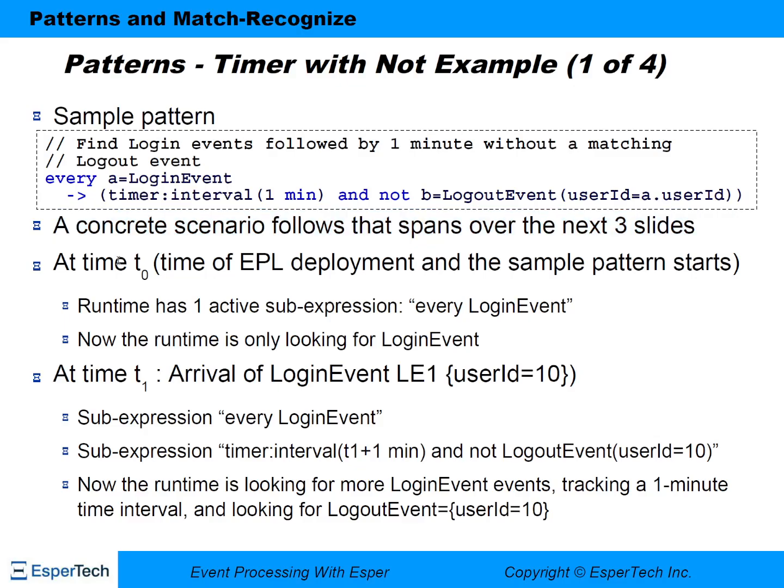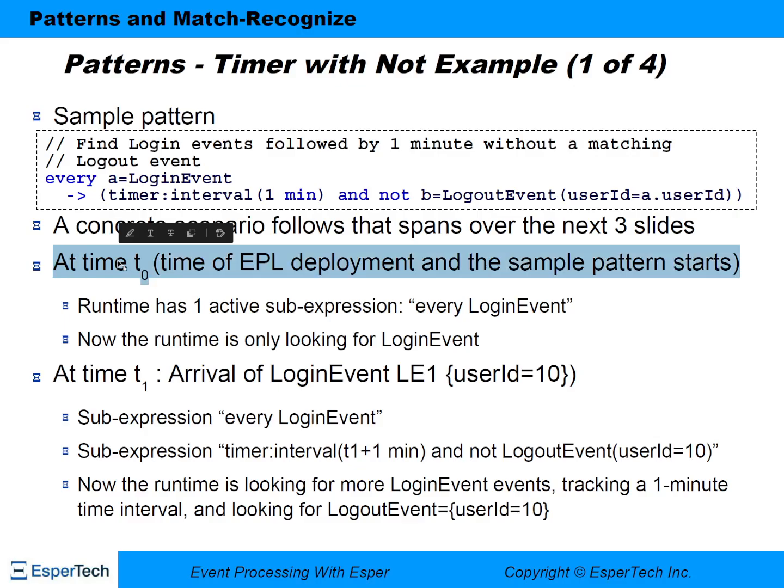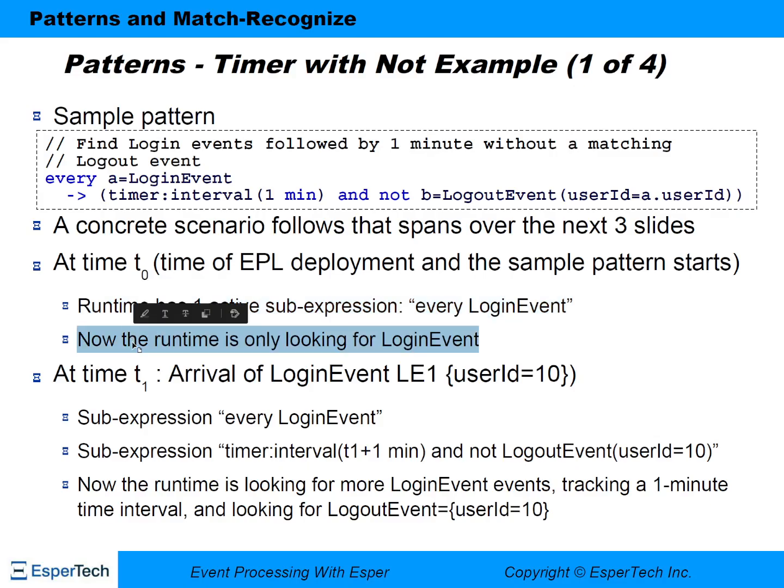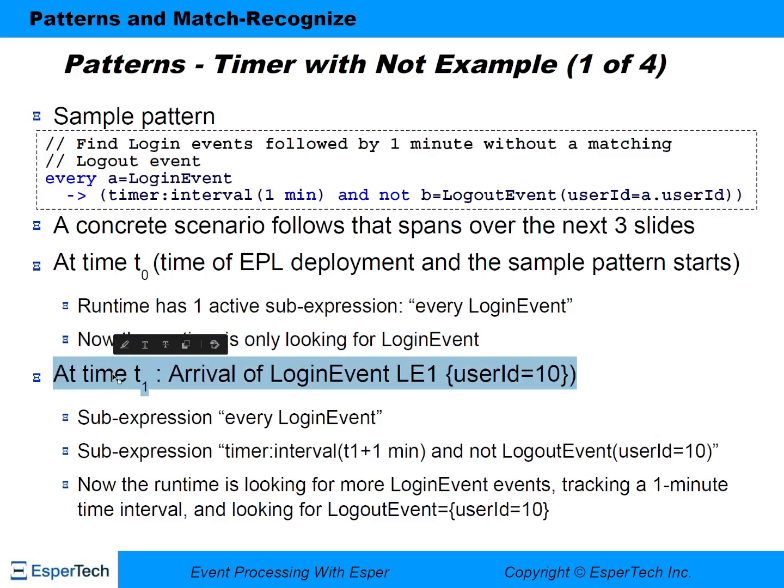The scenario starts at time t0, the time that the EPL gets deployed and the pattern starts. After the pattern starts, the runtime has one active sub-expression: every login event. Now the runtime is only looking for a login event. Assume that at time t1 a login event LE1 arrives for user equals 10.